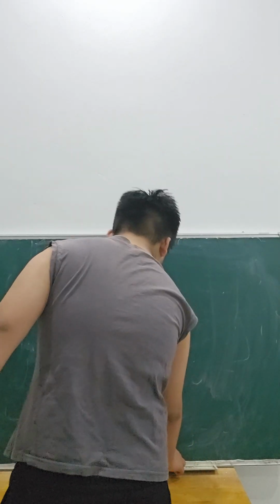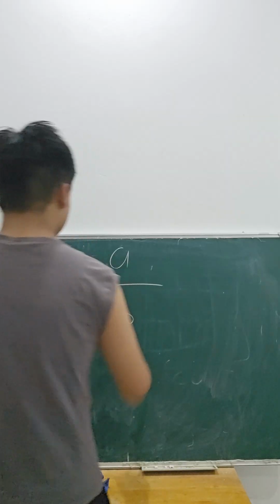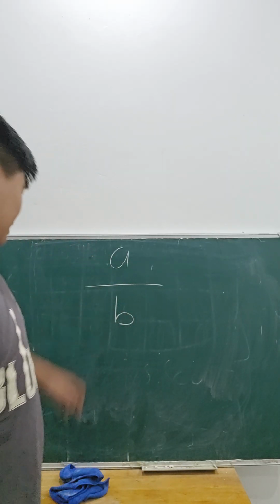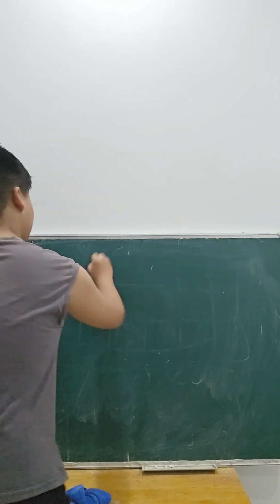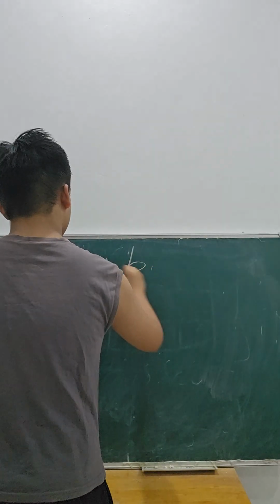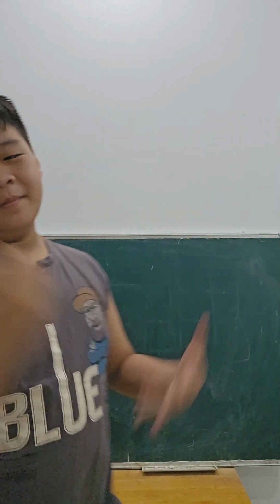So, we all know about fractions, right? Numerator, denominator. And we also know decimals, right? What if I told you that you can combine these two different number types together into one fraction?